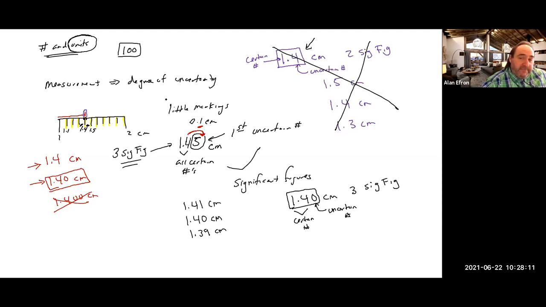Now, speaking of accuracy and precision, sometimes those words are confused when people think about measurements and what those words mean. When we talk about accuracy versus precision, there is a difference between those two words.